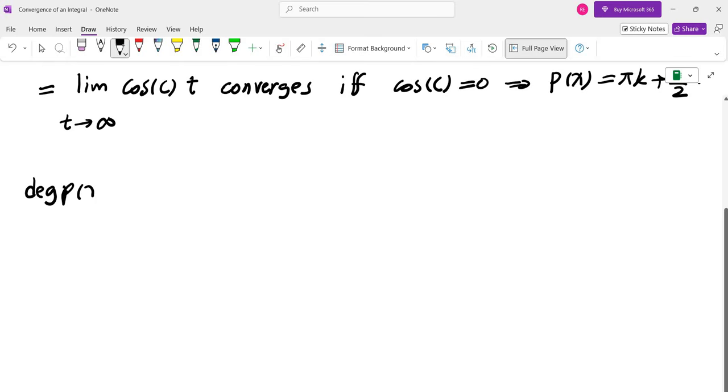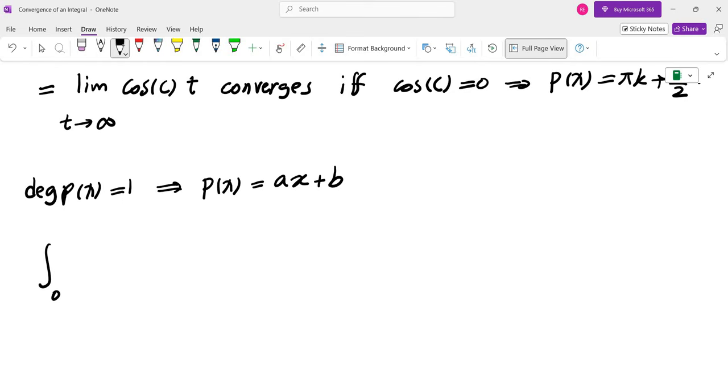Well, the linear case, because cosine oscillates, we know that it would not converge. So this is going to be ax plus b. To formalize that, the integral from 0 to infinity of cosine of ax plus b dx becomes the limit as t goes to infinity.